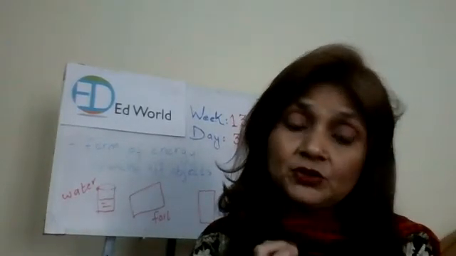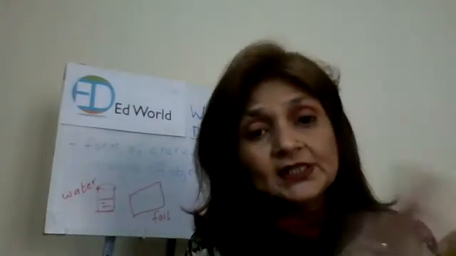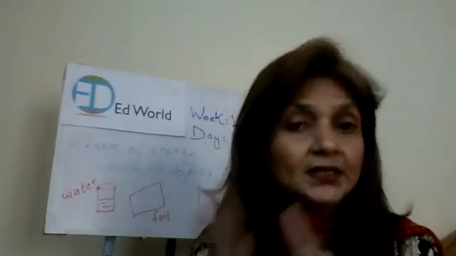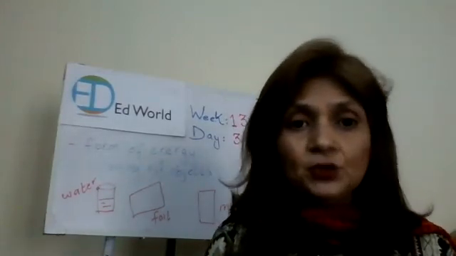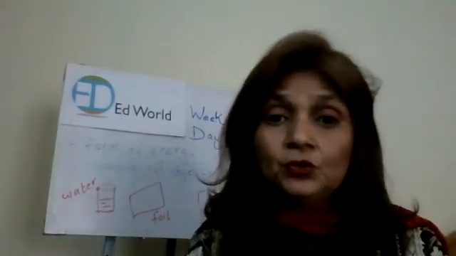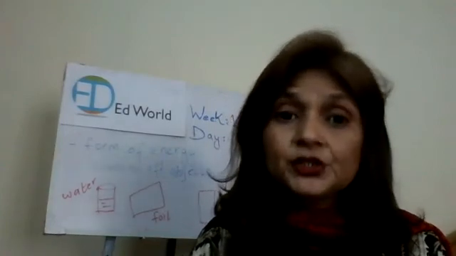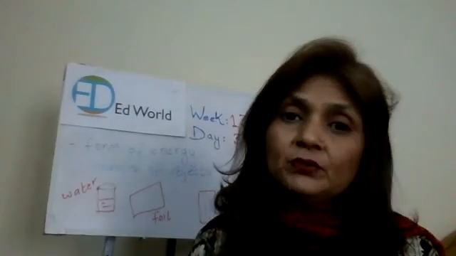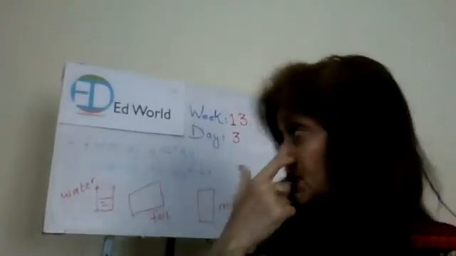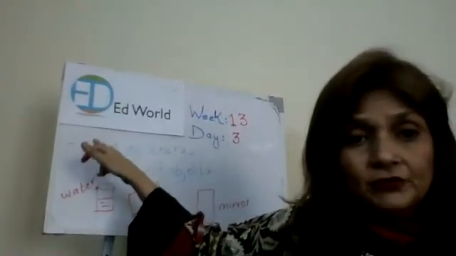So that is what we were doing about the reflectors of light. What are the reflectors of light, and what is the difference between the reflectors and other objects when we shine light on them, right? So this is now clear to you all, right? Now what I want from you is to write down the answers to these two questions: what is light? Light is a form of energy.